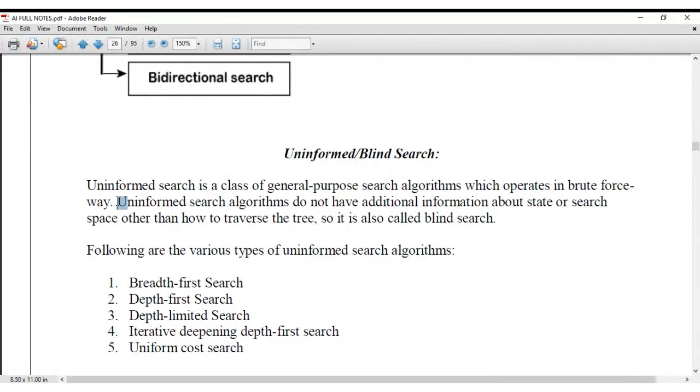It doesn't know where to begin. It doesn't have a root node, and the reason it doesn't have a root node is because it doesn't have a search space. The only thing an uninformed search algorithm has knowledge of is how to traverse the tree. In other words, it knows how to move from one solution to another, but it doesn't have those possible solutions.